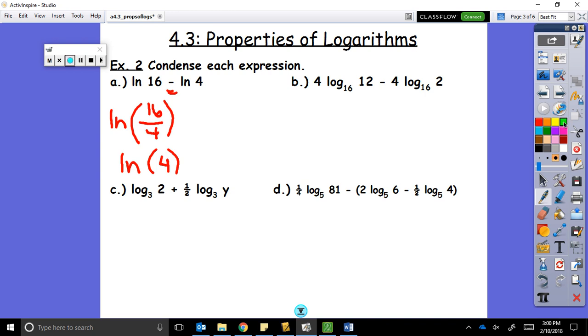All right, let's look at the next one. Remember that numbers out front need to be pulled back up to the exponent. So I really have log base 16 of 12 to the 4th divided by, minus turns to division, remember, 2 to the 4th. Okay, so now go to your calculator and let's simplify that inside.